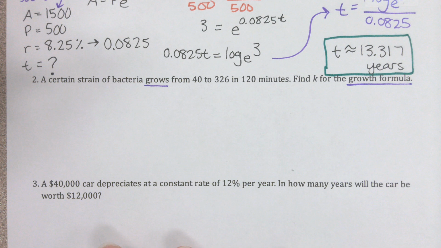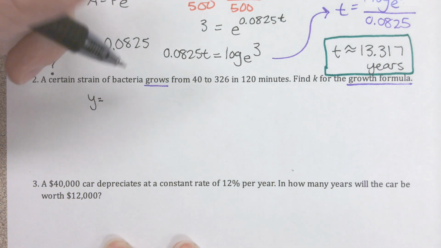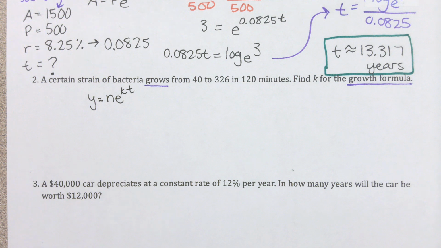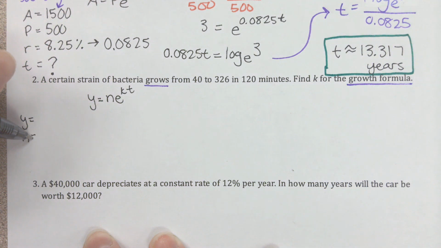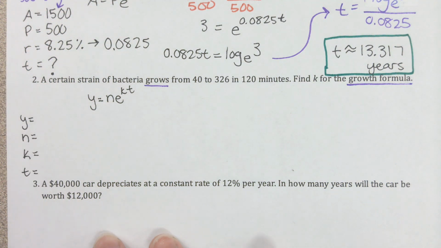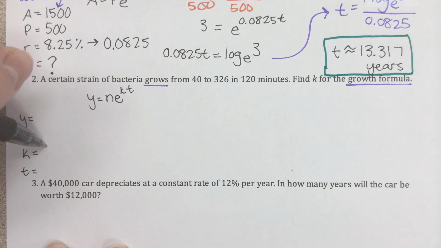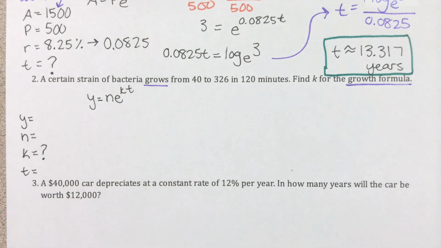So we have y equals N e to the kt. My variables are y, n, k, and t. We are directly told that we're finding k, so we know right off the bat that's the unknown.